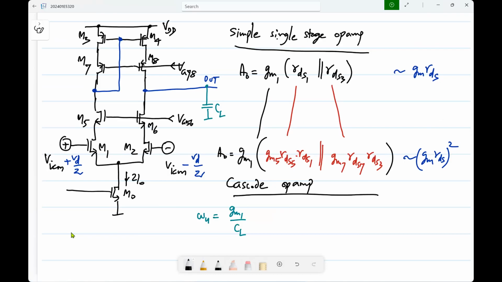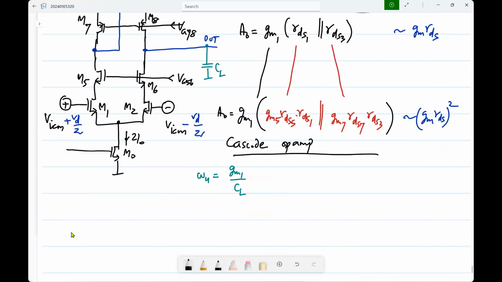Only thing is, if you have a common gate amplifier, this is the common source, common gate, and you have a parasitic capacitance here. What is the pole frequency because of this parasitic capacitance? Again, as of now it is a first order system.